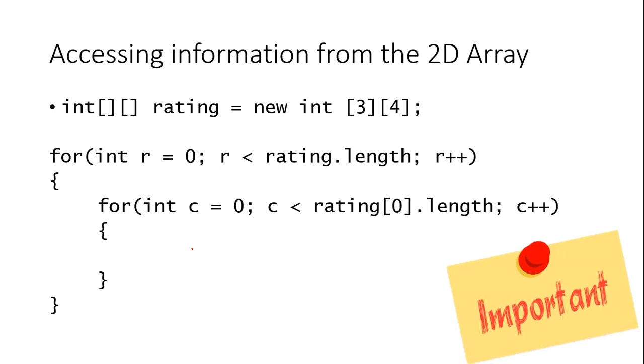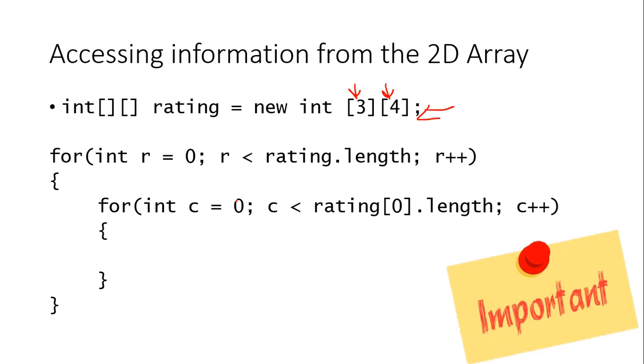So again, I made my 2D array here. Notice it's a 3 rows by 4 column array. And I have 2 separate for loops to take care of my abilities. Now you're saying, why 2? Well, ultimately, here's what I'm having to do.